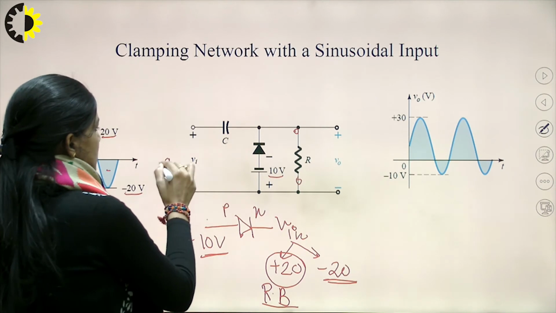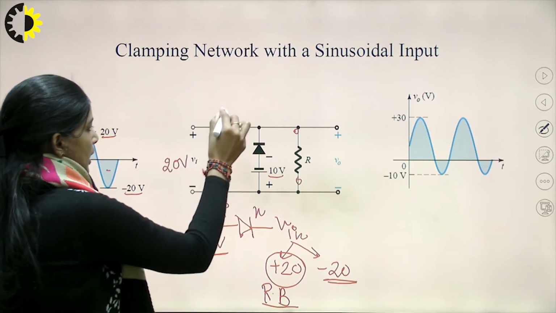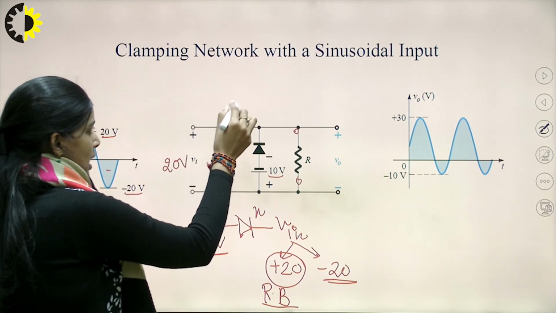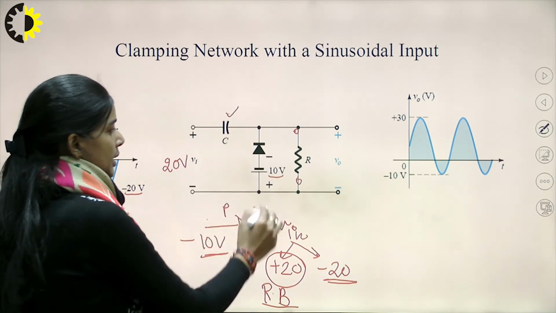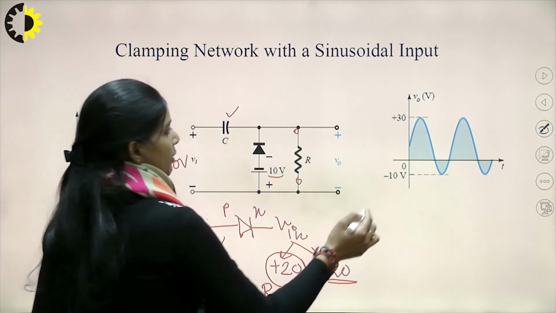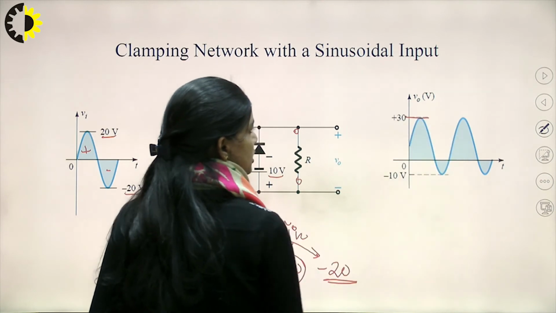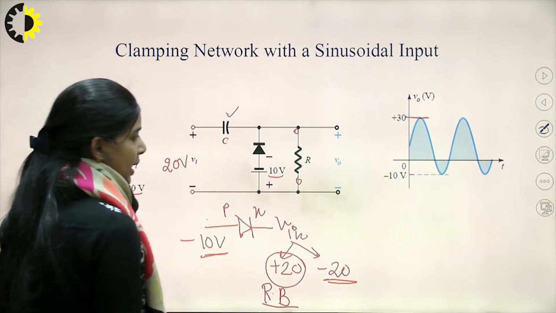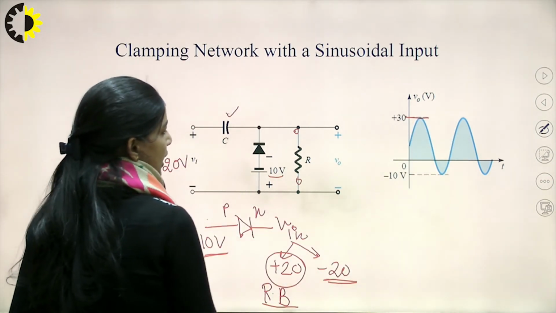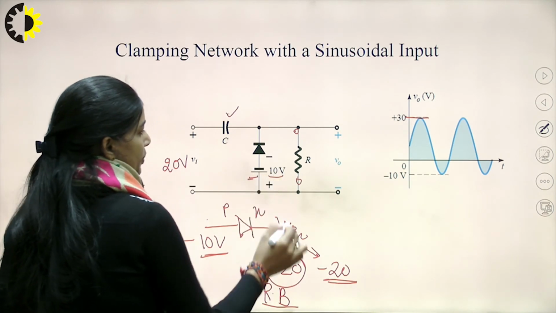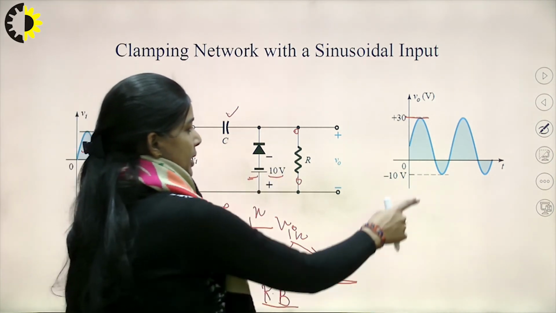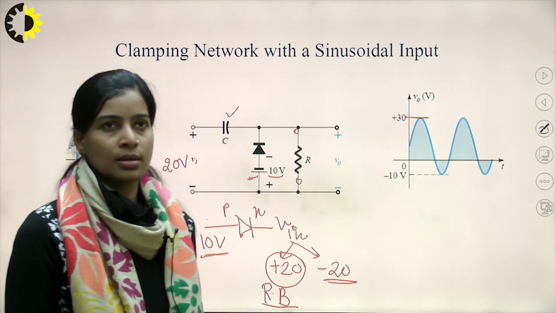So, this is 20 volts. Here we will get 20 volts charge across this capacitance and here 10 volts. So, applying the KVL, we get the peak magnitude as 30 volts in the positive cycle, and in the negative cycle the voltage that appears across this is minus 10 volts.